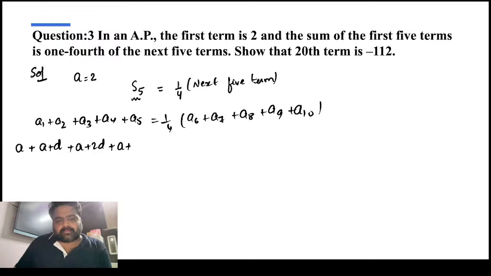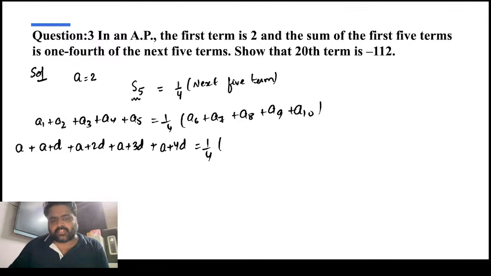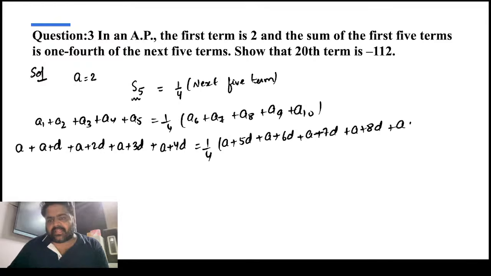A4 is A plus 3D. A5 is A plus 4D, is equal to 1 by 4 times A6 which is A plus 5D, A plus 6D, A plus 7D, A plus 8D, and A plus 9D. This should be like this.